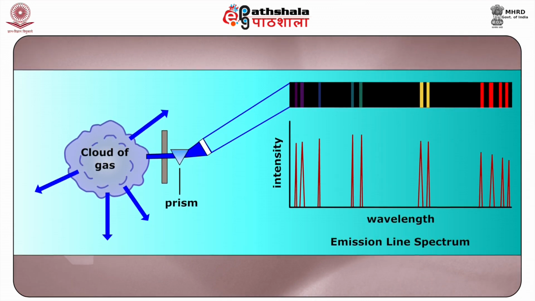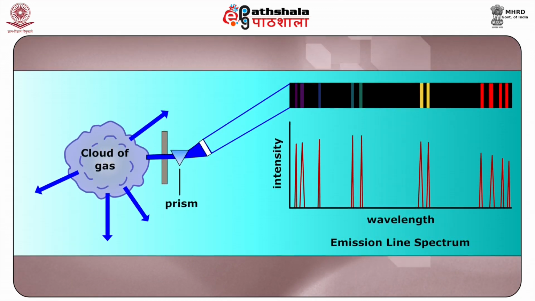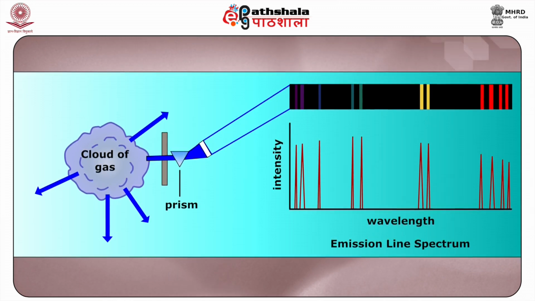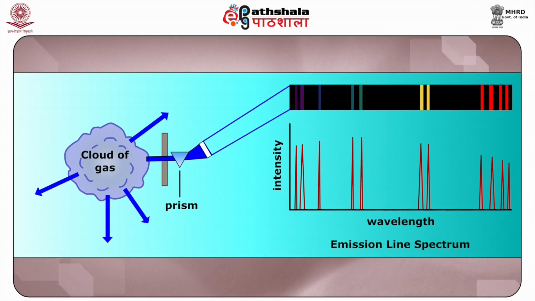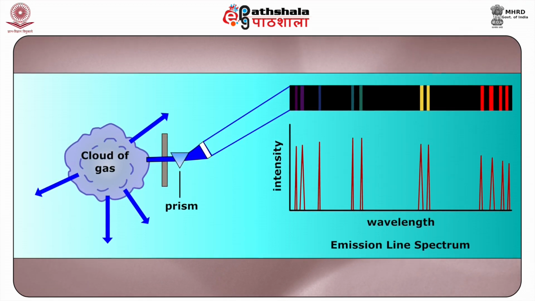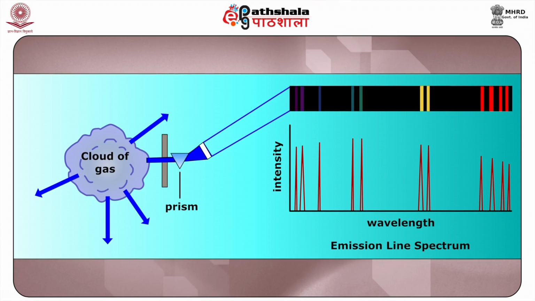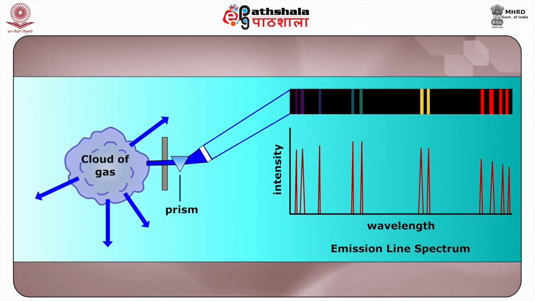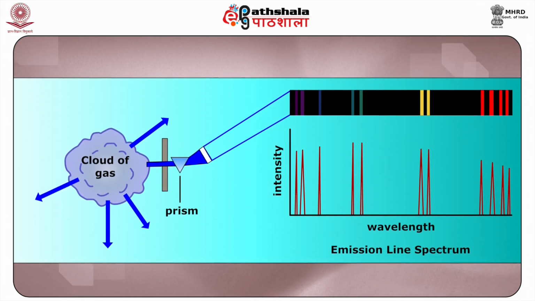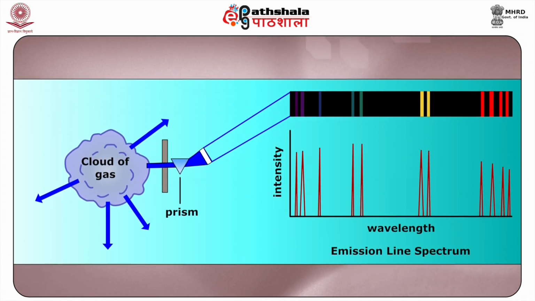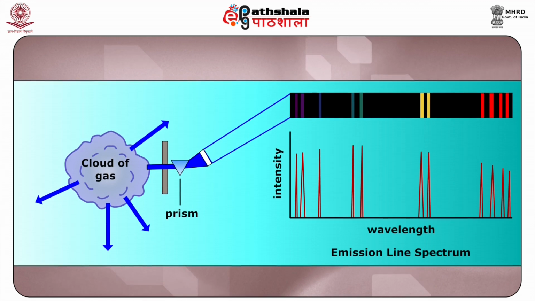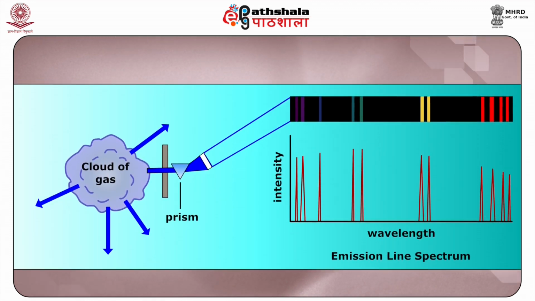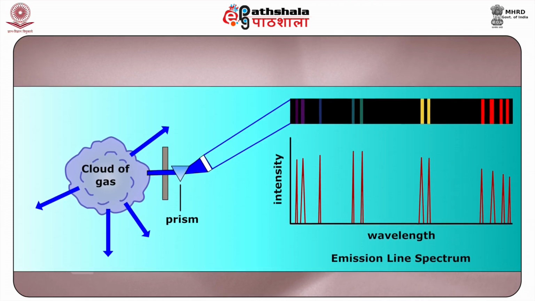The molecular and electronic arrangement of the elements leads to this type of line spectrum. Hence, two elements cannot have the same type of line spectrum, which shows a low-density cloud of gas emitting light only at specific wavelengths that depend on its composition and temperature, which produces a spectrum with bright emission lines.